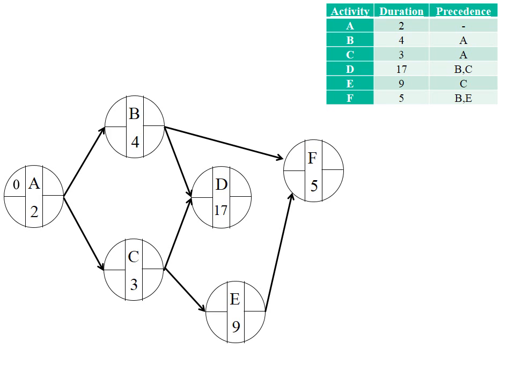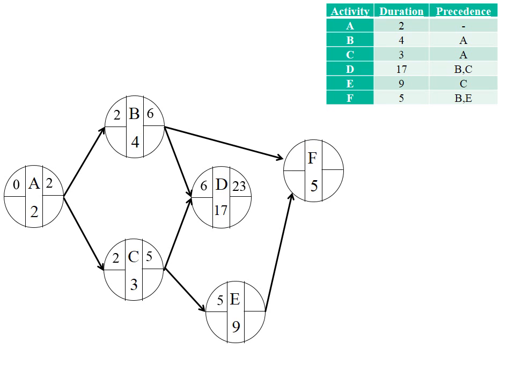Earliest you can begin A is 0, finish this at 2, begin B and C at 2, and complete them at 6 and 5 respectively. Now activity D can be started, you have a choice between 5 and 6, so obviously you select the bigger number as you move forward. You cannot begin D before 6, and you will complete this by 23.